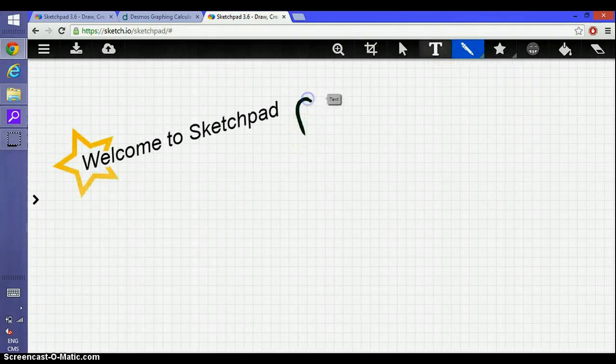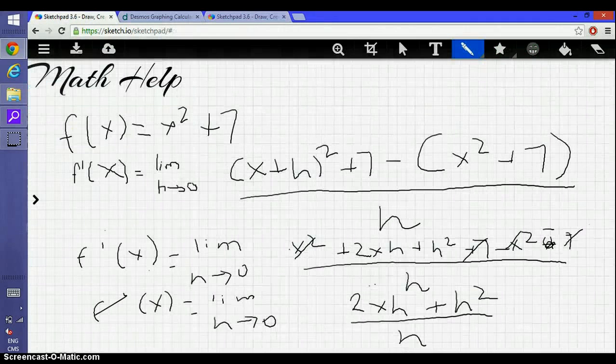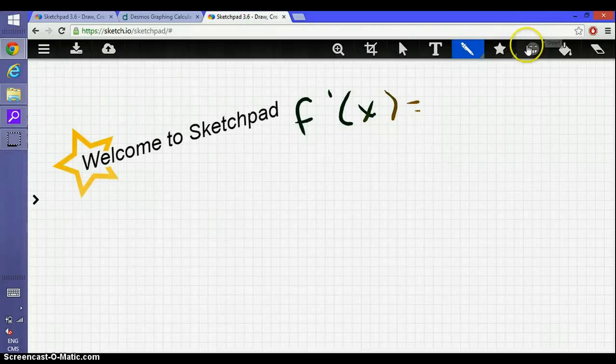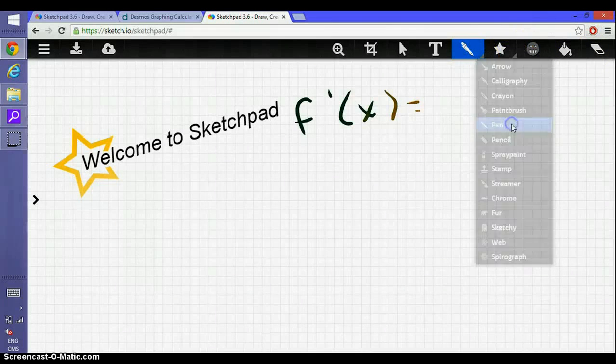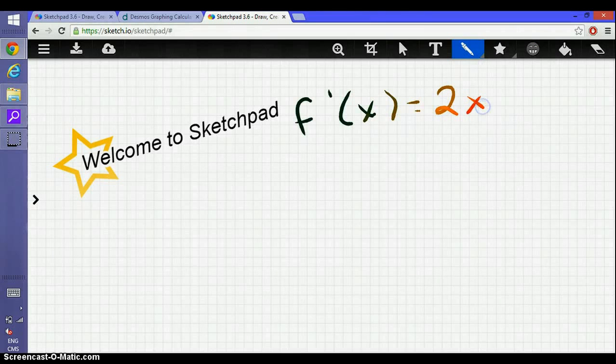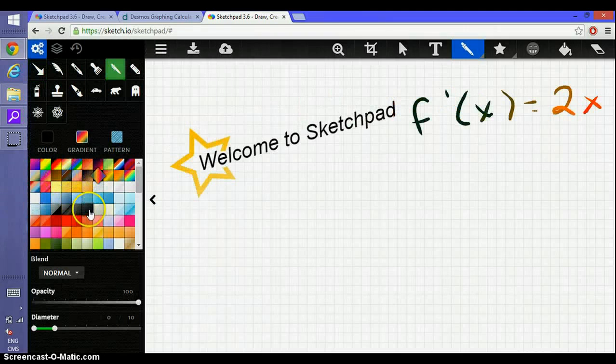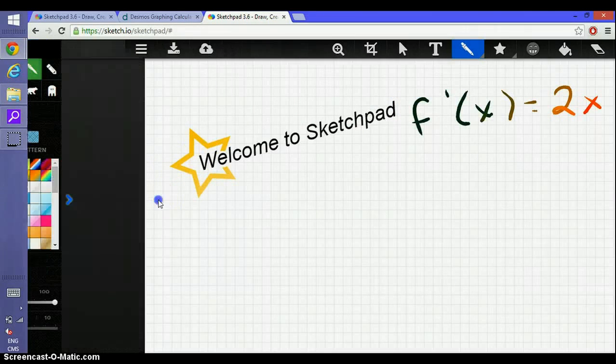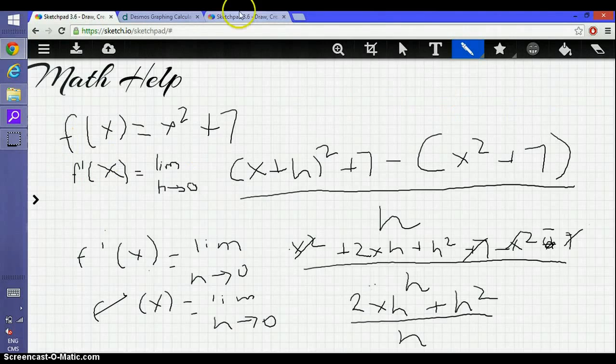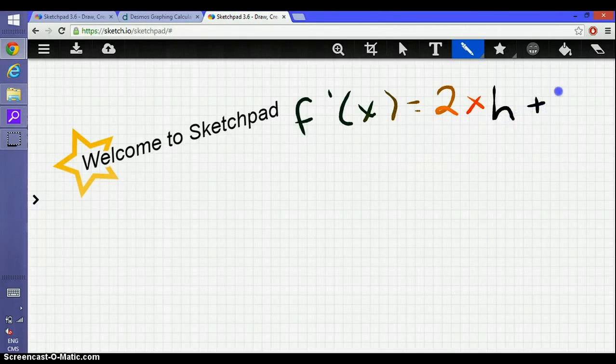So we have f prime of x is equal to 2xh plus h squared over h.